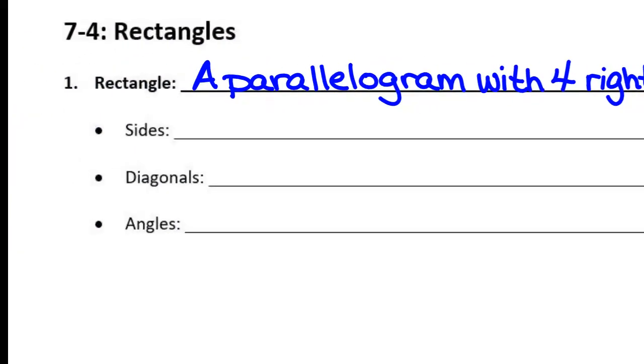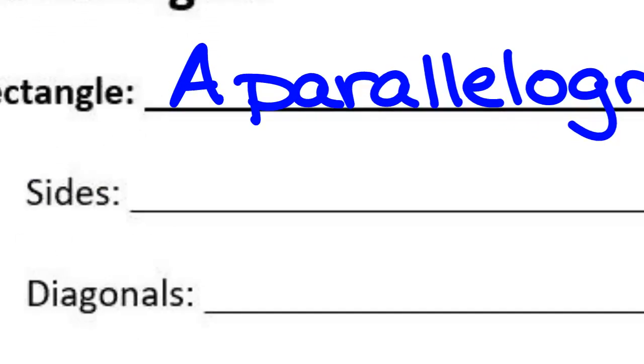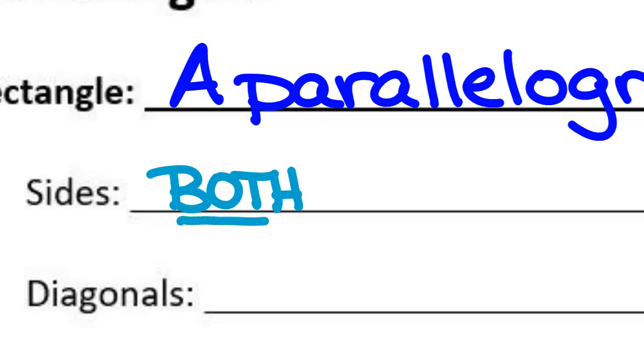So because a rectangle is a special type of parallelogram, it meets all the same criteria of a parallelogram. So the sides, both pairs of opposite sides, are parallel and congruent.